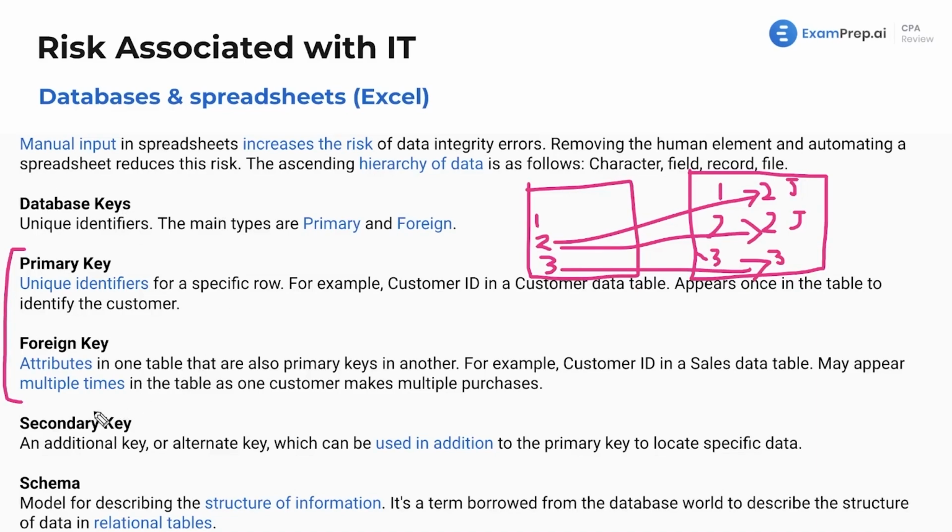And now we get the secondary key and then schema. A secondary key is an additional key or alternate key, which can be used in addition to the primary key to locate specific data. So let's say the primary key is just tagging 1, 2, 3. A secondary key could be, let's say, the state that you're located in, or something else.